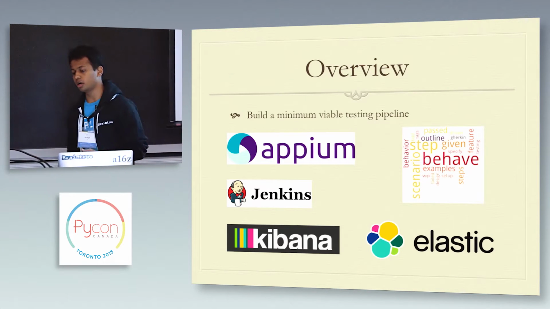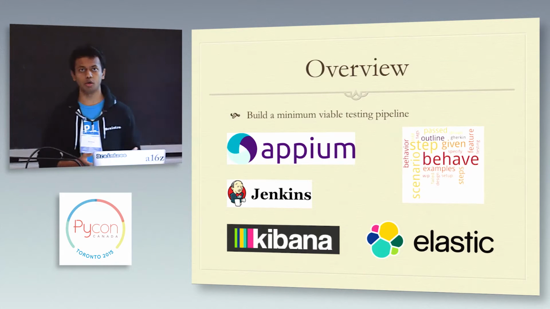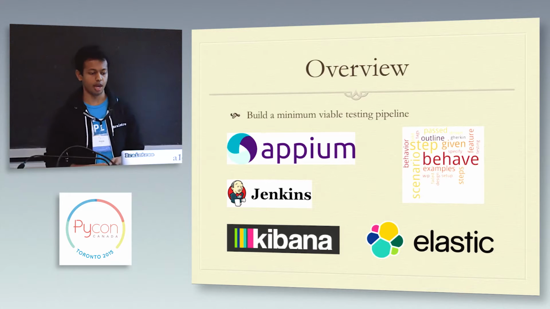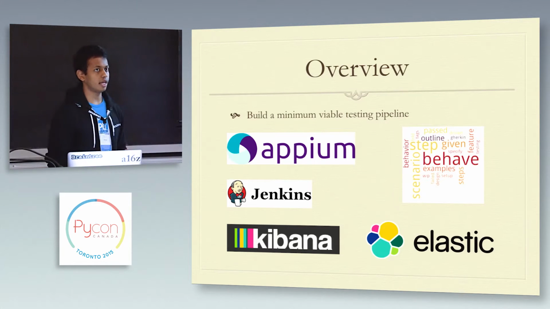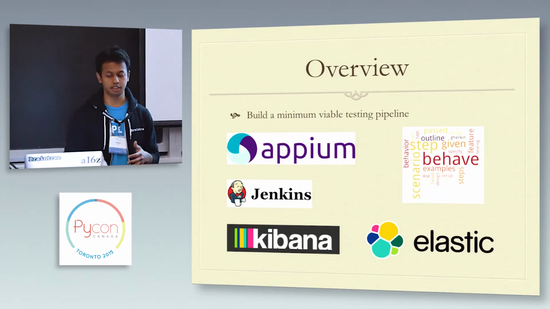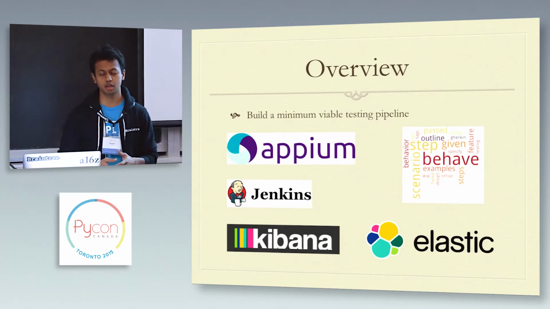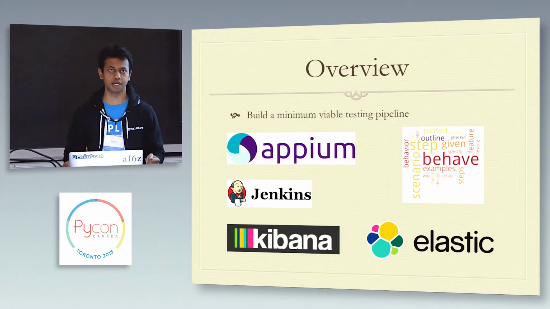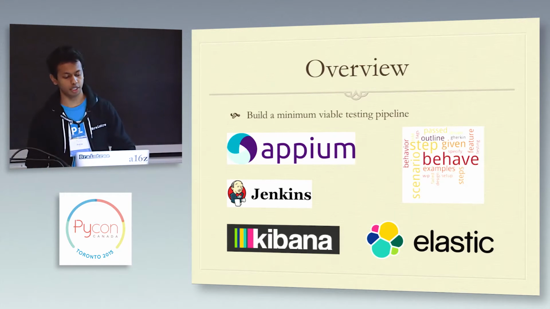We're going to convert the Python code into behavior-driven tests in Behave. We're going to take the test data and put it into Elasticsearch, which I have running locally on my machine, and display it on Kibana. In production, we have it running in Jenkins, but we're not going to spend much time on that here.